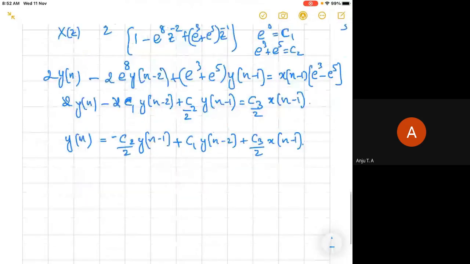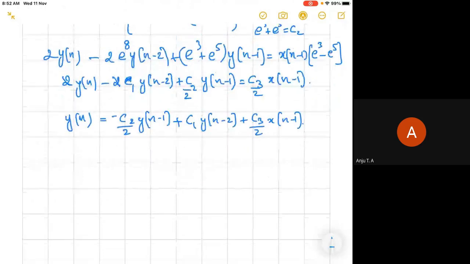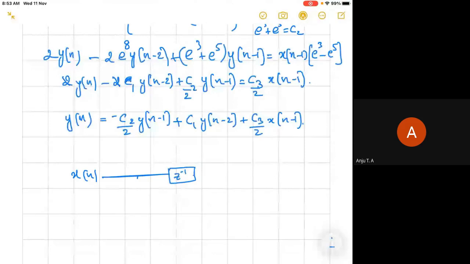So if you go for the implementation of yn, to get yn you need xn. You take xn with a delay, so it becomes xn minus 1.